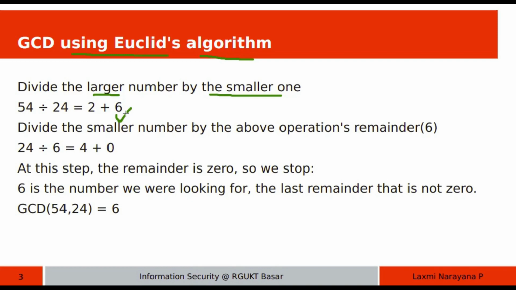Then divide the smaller number by this remainder, and we will get remainder 0. Take the smallest non-zero value. Here it is 6. So the GCD of 54 and 24 is 6.